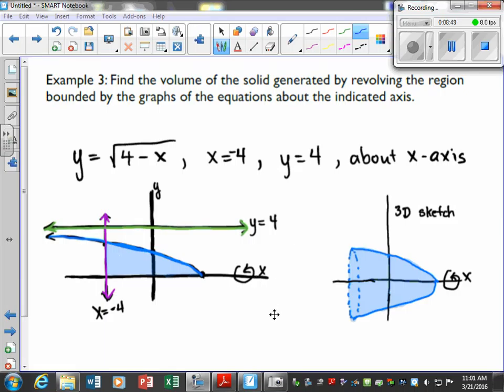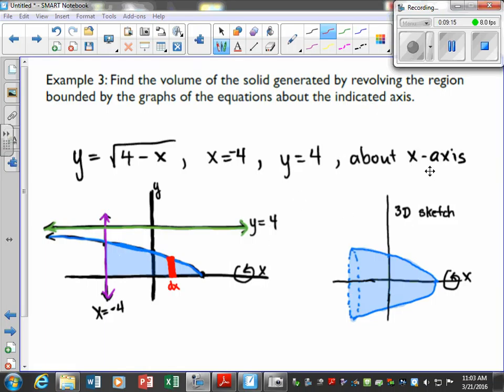Take a few minutes and make your sketch. This is what a 3D sketch was if we chose the disk and then revolved it about the x-axis, just so you have a little bit of a visual. The textbook does a much better job with the visuals, so if you want to refer to that, you may. Then first of all, just set up your integral and let's check your work.